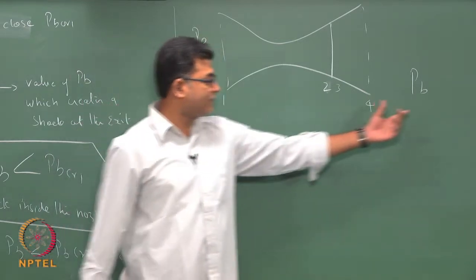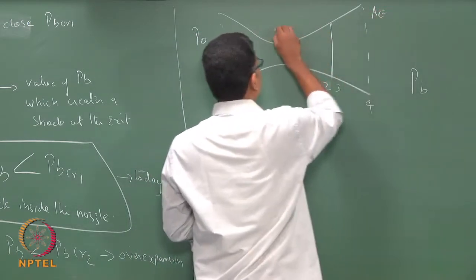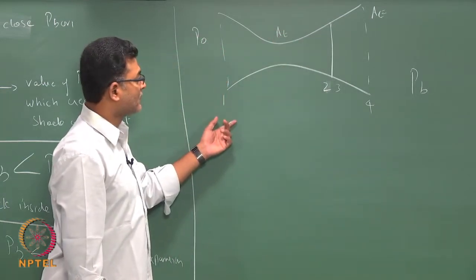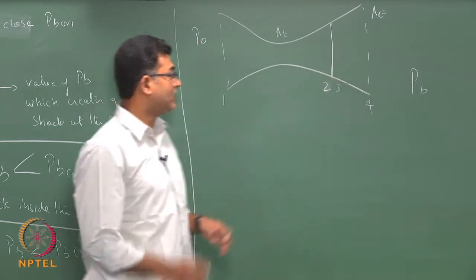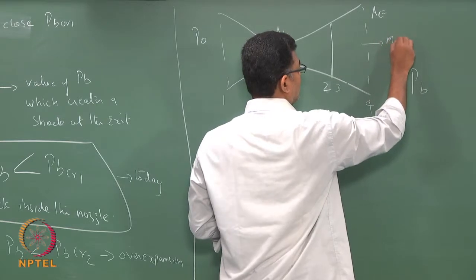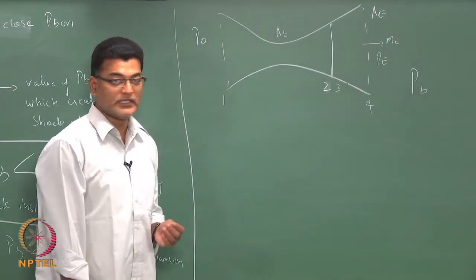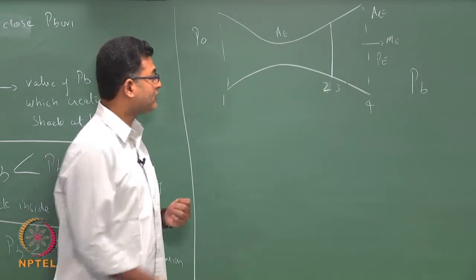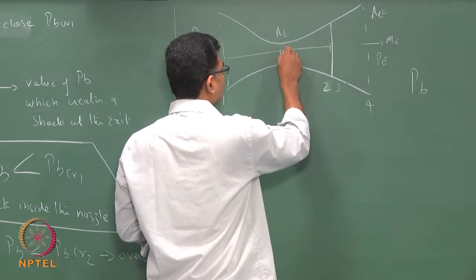For some value of PB, for a given area ratio, you have this particular case where there is a shock sitting inside. Now, what would be the Mach number here? What would be the exit pressure here? That is something that we are going to see. Okay, how do we analyze this? As we have done before, up to this point it is isentropic flow.